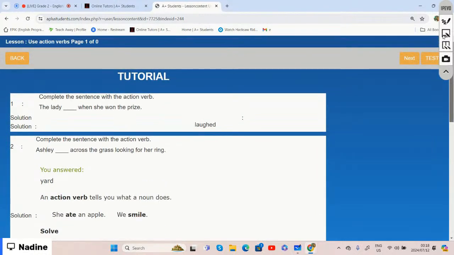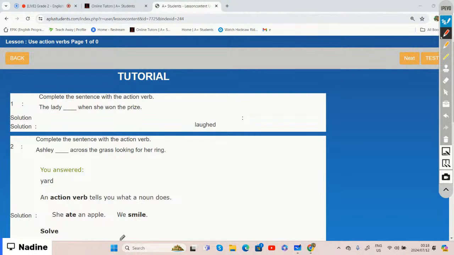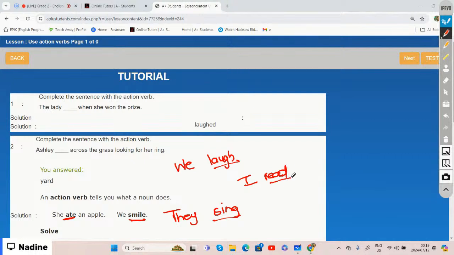And if we look at our examples, we made an example of she ate an apple. So ate is an action verb. We smile. Smile is an action verb. They sing. Sing is an action verb. We laugh. Laugh is an action verb. I read. Read is an action verb. The boys jump.